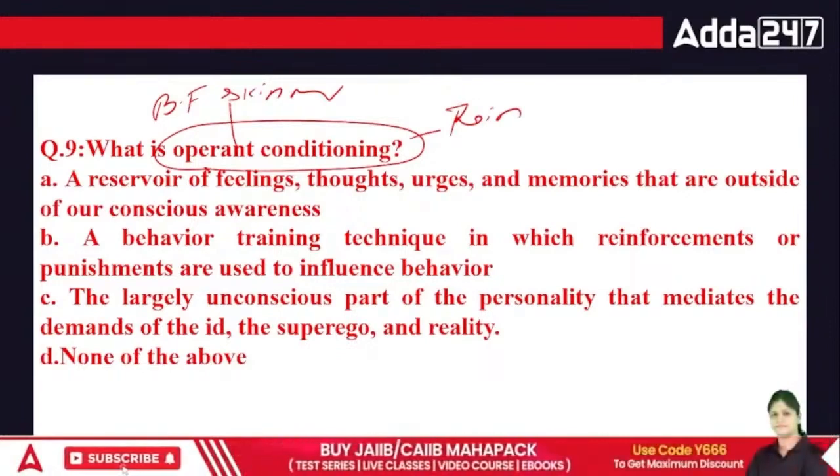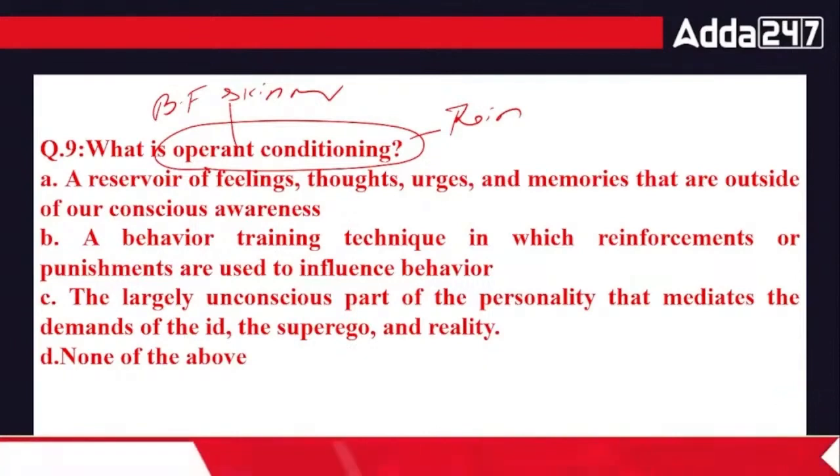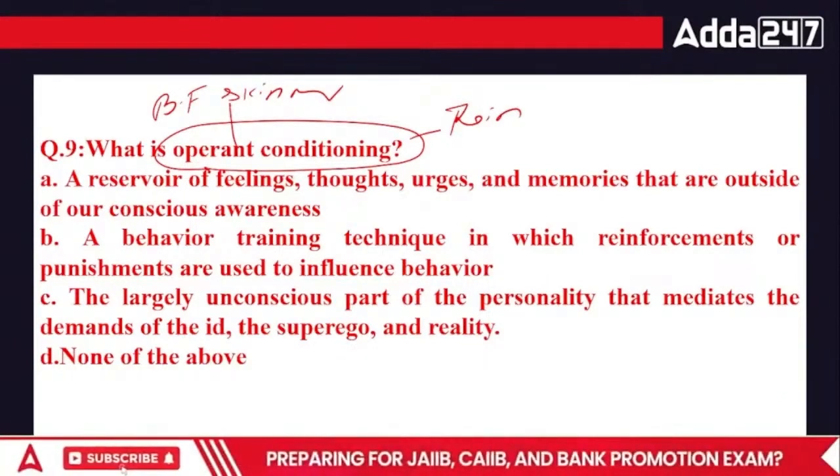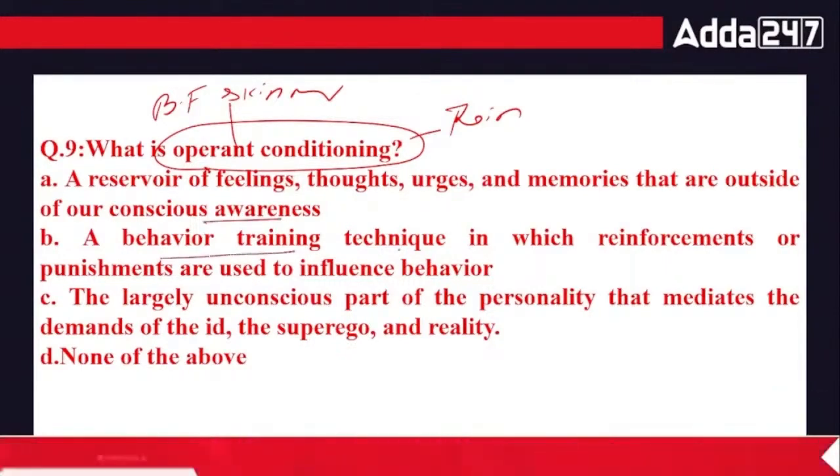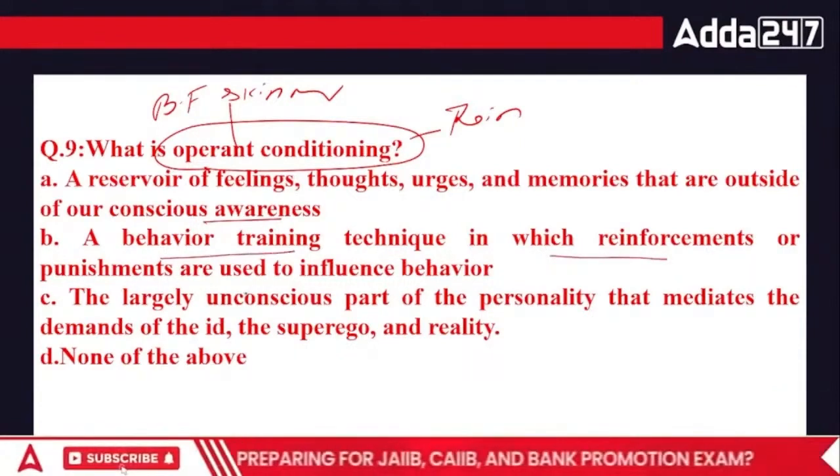So we call it negative reinforcement. Here the options are: number 1, a reservoir of feelings, thoughts, urges and memories that are outside of our conscious awareness. B is a behavior training technique in which reinforcement or punishment are used to influence behavior.